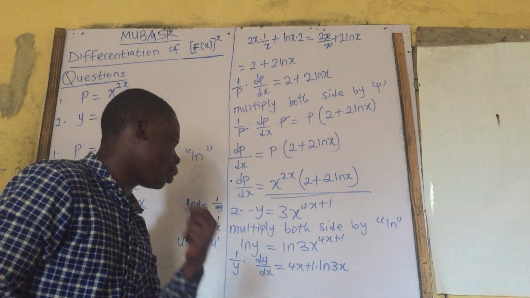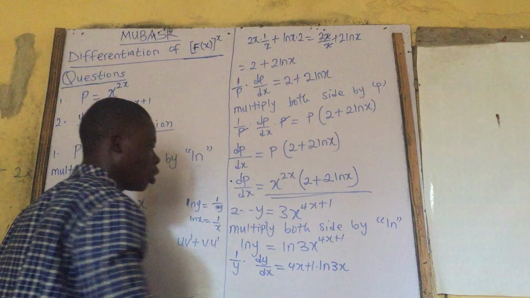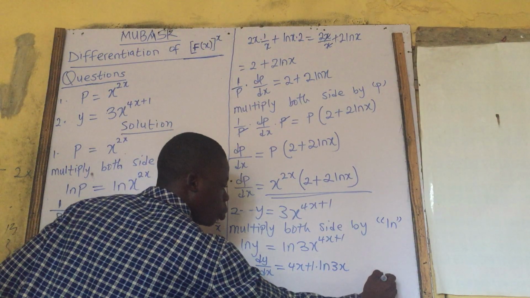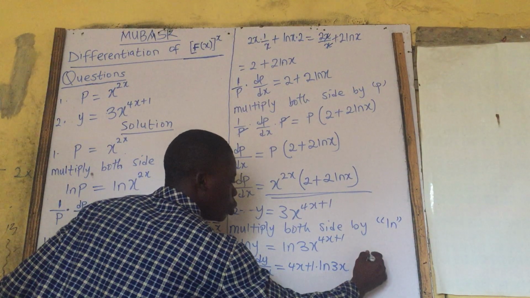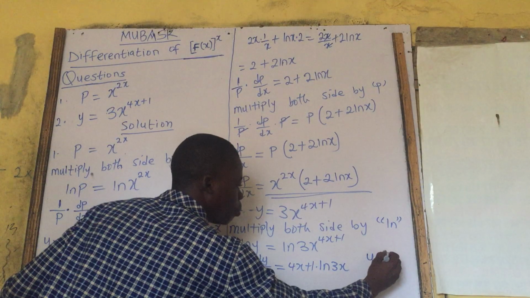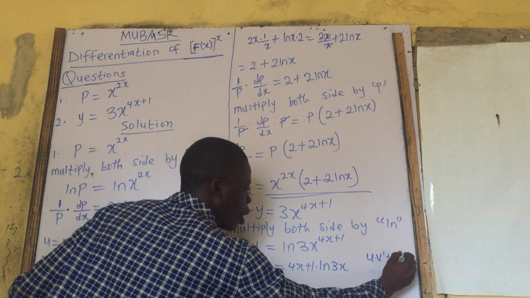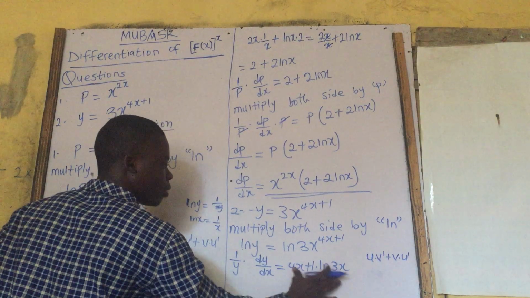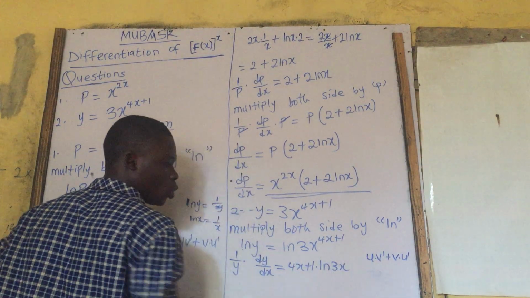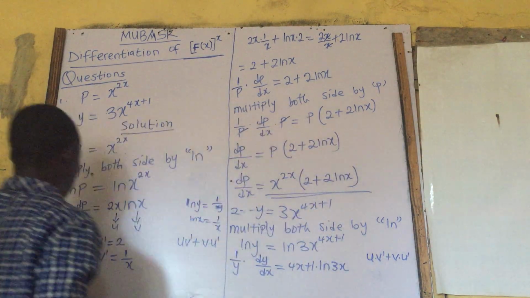You have to apply the product rule to it, which the formula says u multiplied by v prime plus v multiplied by u prime. Let me clean this place.